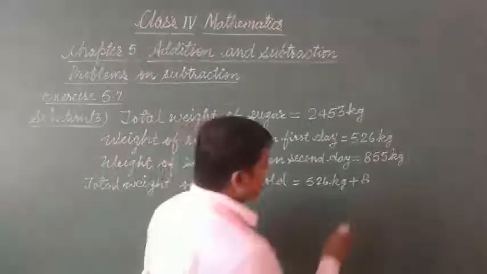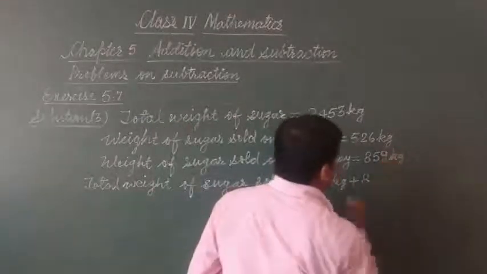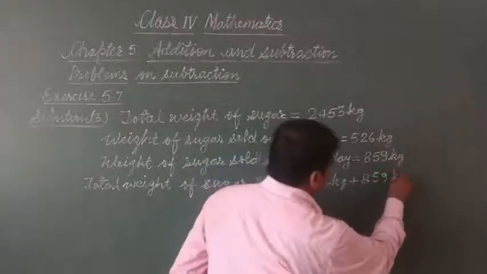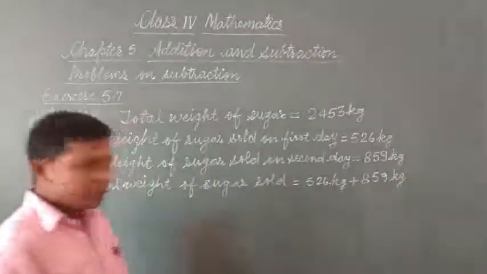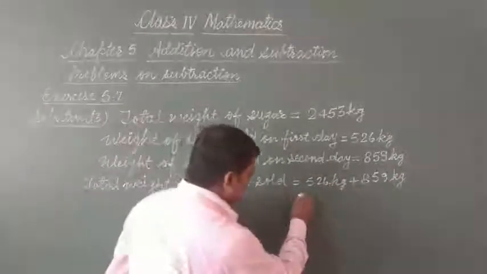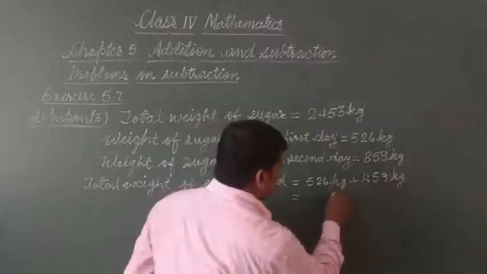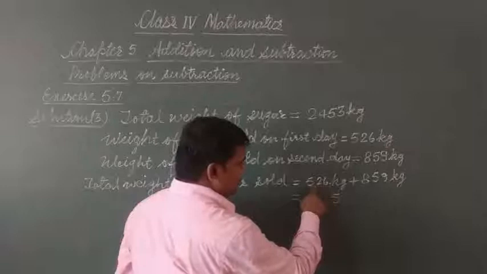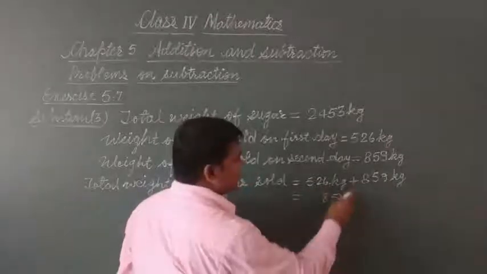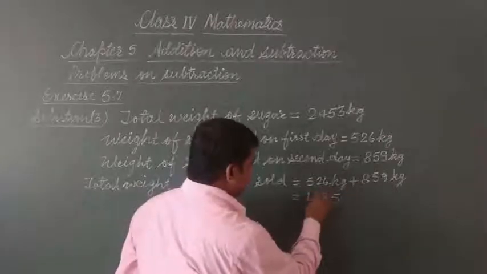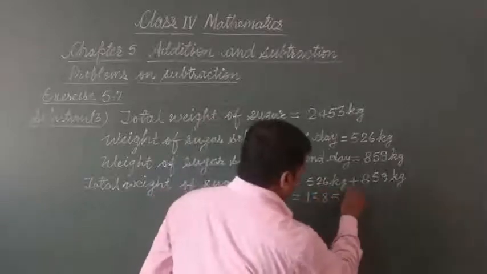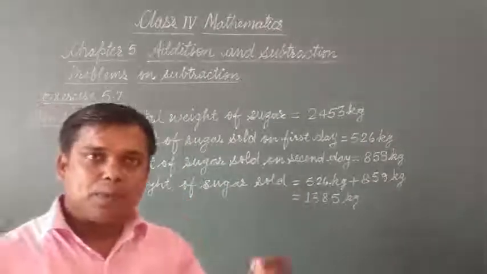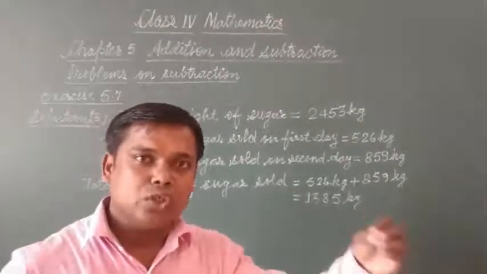It is 859, it is not 855. So when you add, you will get 6 plus 9, 15, carry 1. 5 plus 1, 6, plus 2, 8. And 8 plus 5, 13. 1385 kg sugar the shopkeeper had sold.